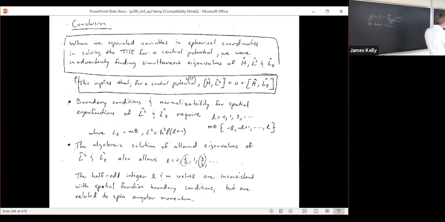Remember R's subscripts are n and l, and Y's subscript is l and the superscript is m. So we're seeing a linear combination of 3 different states. And now I know that the subscript and superscript on the Y are telling me about a state of definite angular momentum. So this is a linear combination of 3 different states of different angular momentum, right?